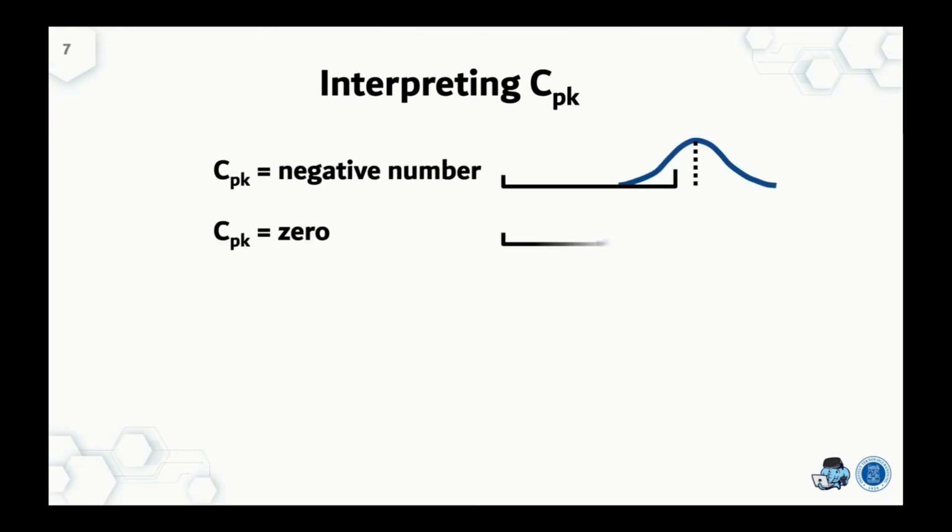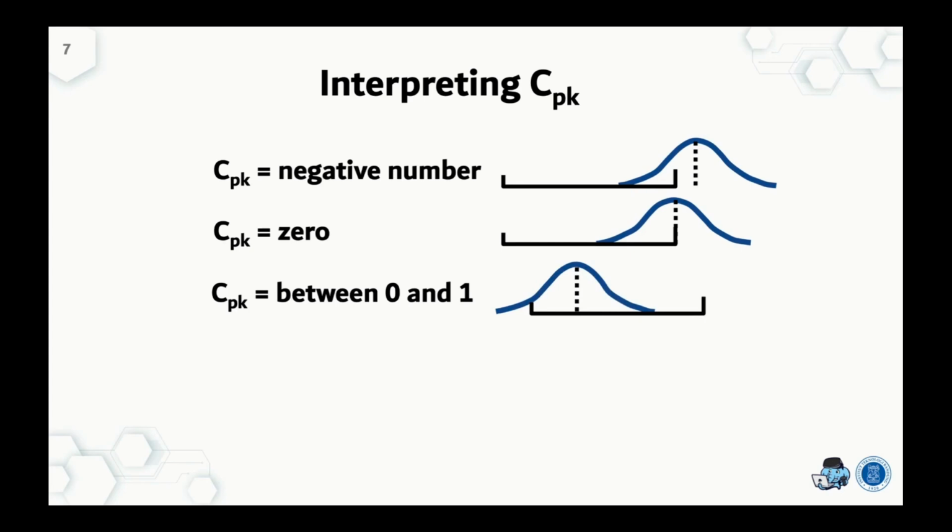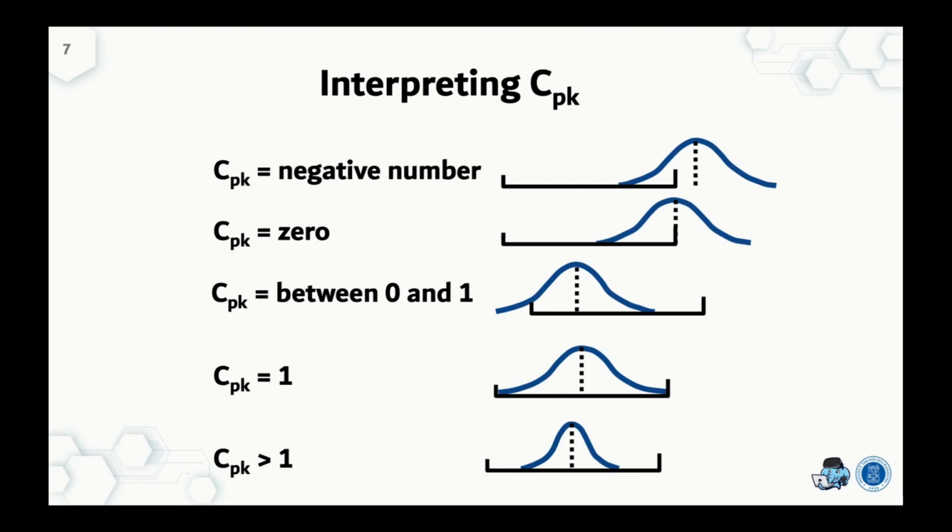How can we interpret the Cpk? Let's see. If Cpk is negative, the process is out of the specification. This line represents the specification.